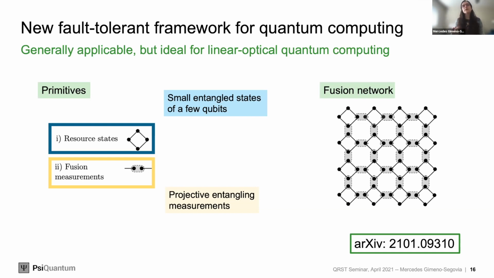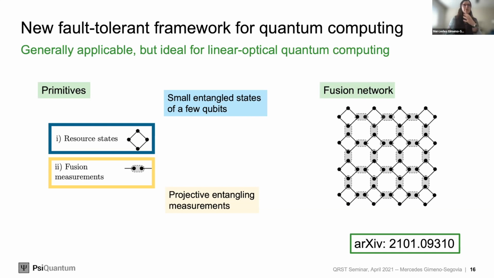And you can see here why it's really interesting that we have very small constant size resource states, because any correlated errors across any of those resources that have been generated are really constrained to one part of the lattice, and they do not expand across entire blocks, which might become logical qubits.